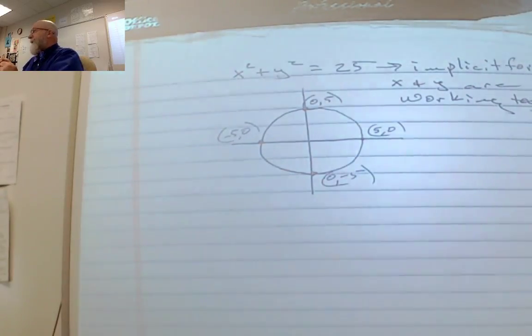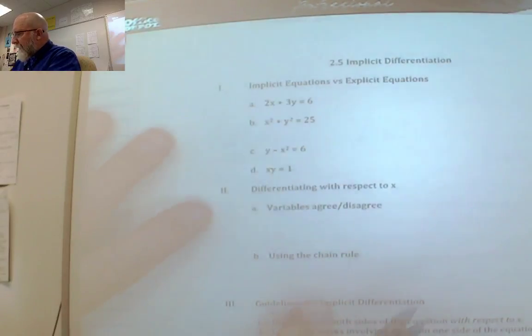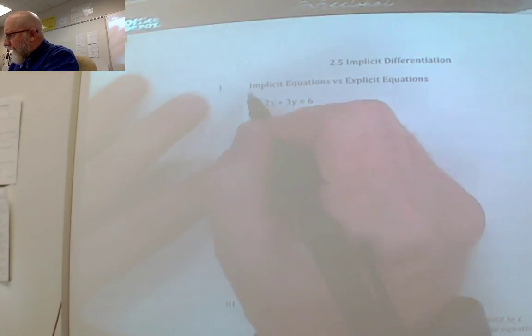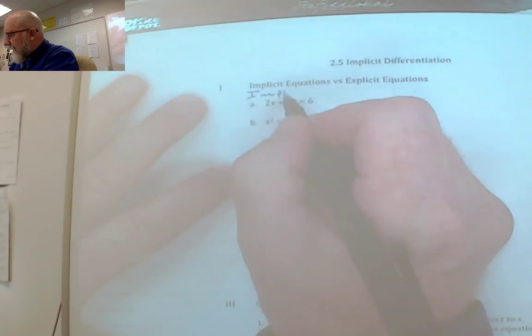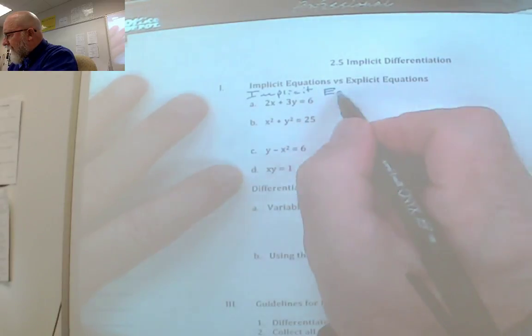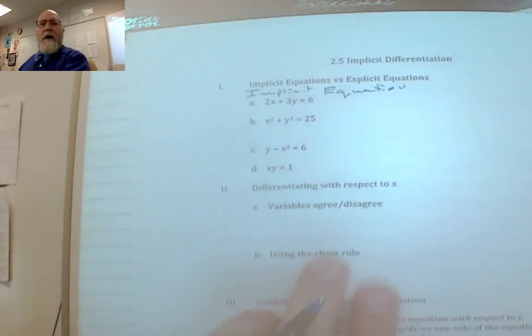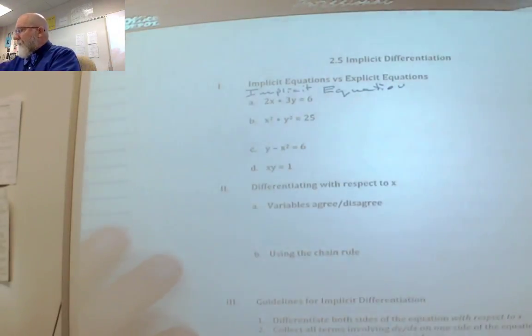I add them together. So all of these right here in your notes, these are all implicit equations. Everything in this column, because x and y in tandem are working together.